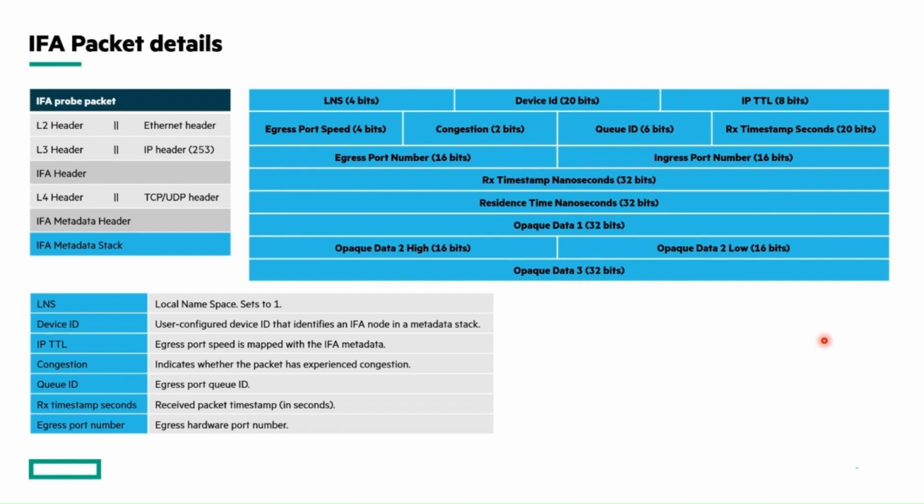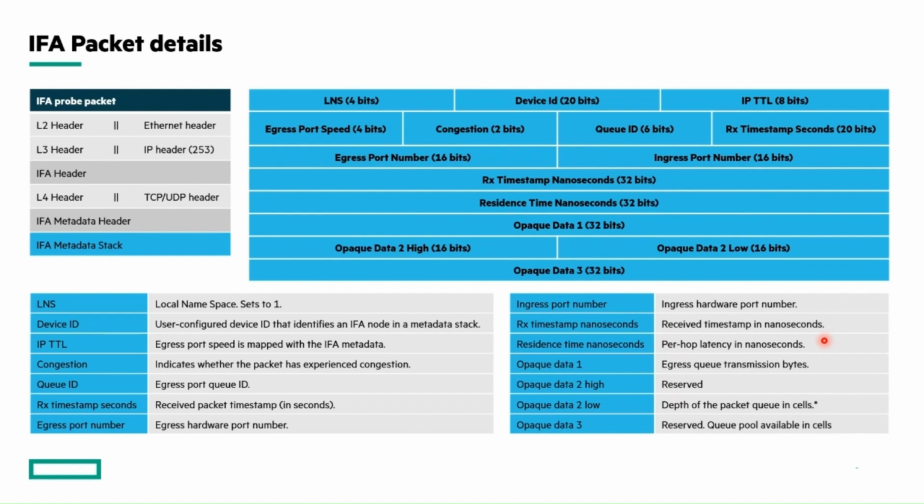We have the congestion field, which essentially indicates whether the packet has experienced some level of congestion or not. Further, we have egress queue port ID, egress port QID, and then we have received packet timestamp in seconds and egress hardware port number. Next in line, we have ingress hardware port number, the receive stamp in nanoseconds, and per hop latency in nanoseconds, which is the residence time.